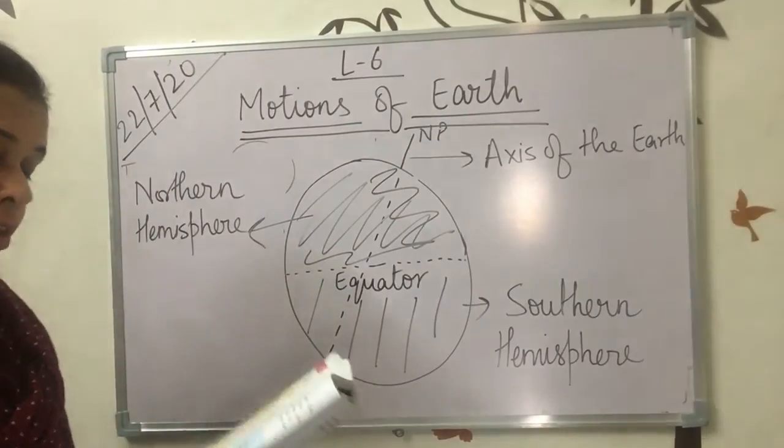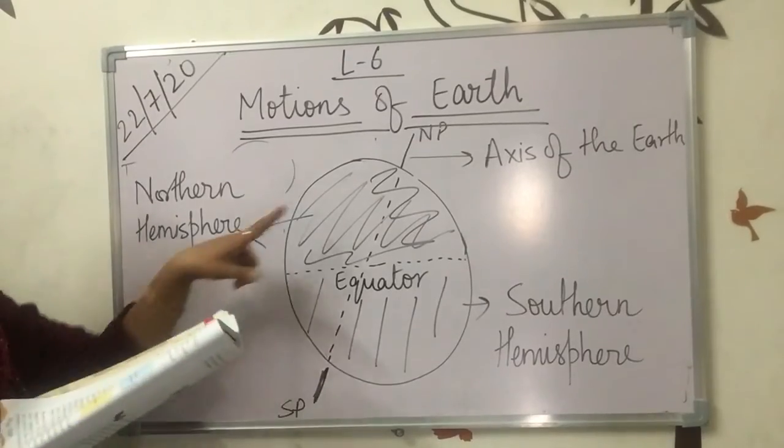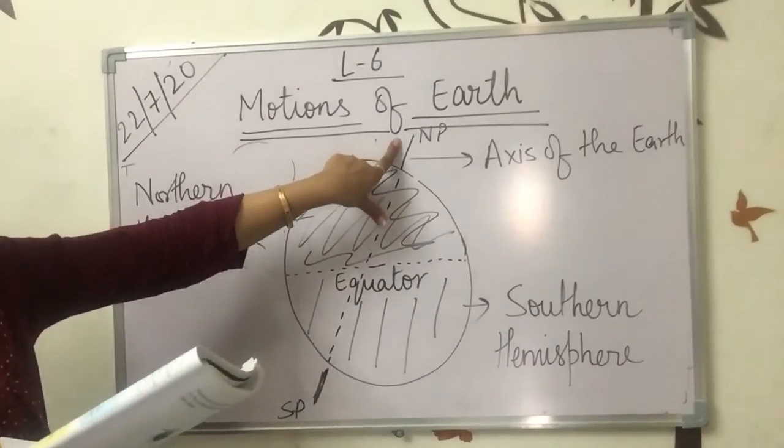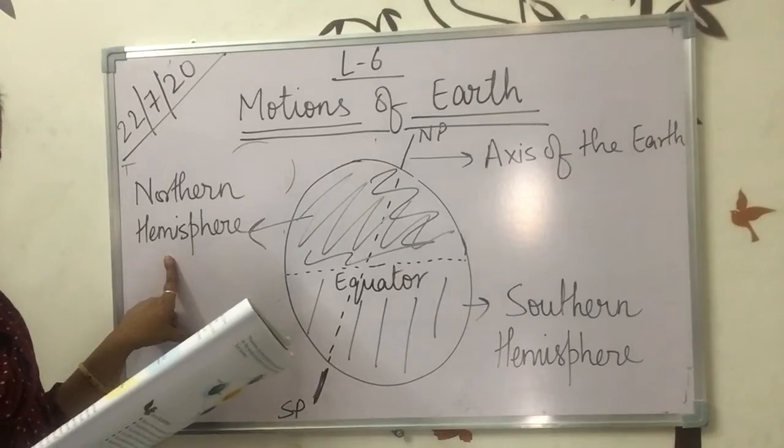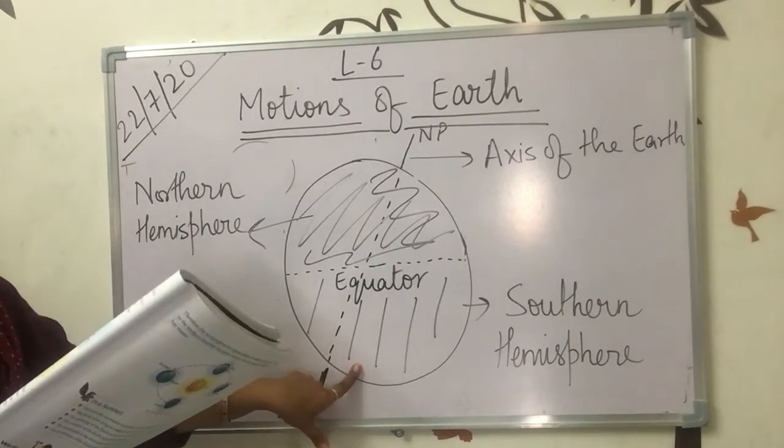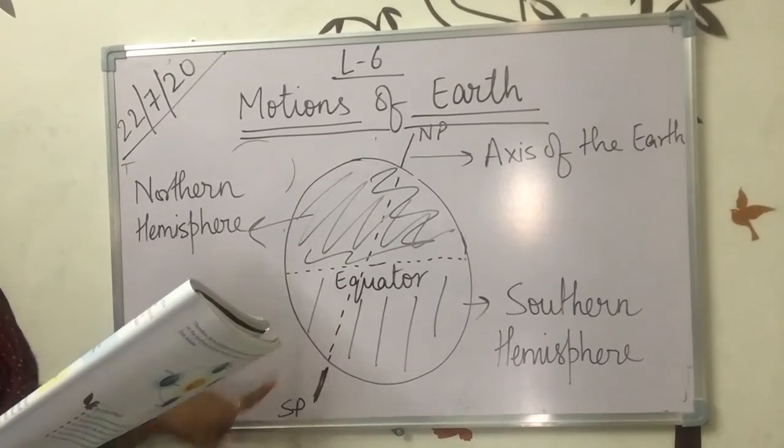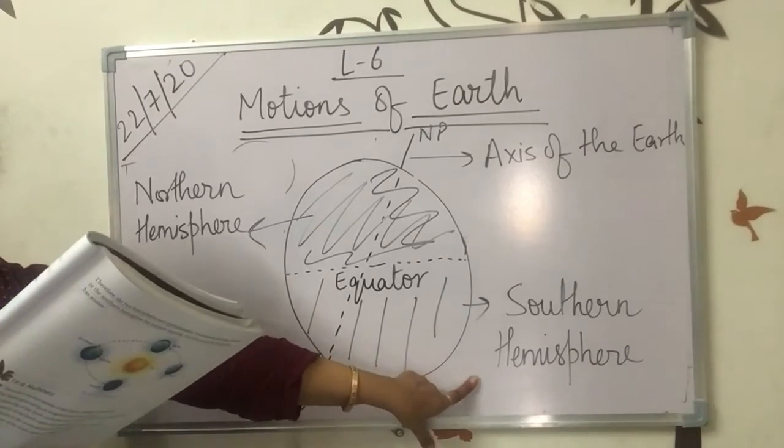The top half of the earth that lies between the equator and the north pole is the northern hemisphere, and the bottom half that lies between the equator and the south pole is called the southern hemisphere.